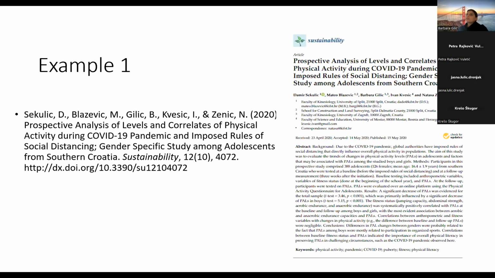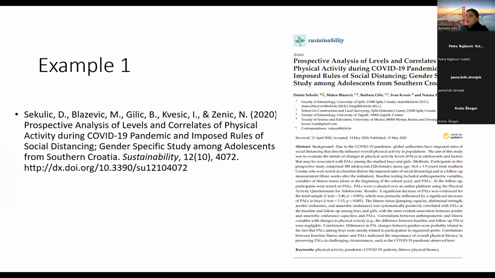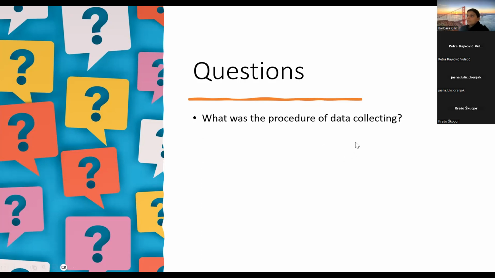So for the first study, this prospective analysis of levers and correlates of physical activity during the COVID-19 pandemic, which data is collected? We collected data on physical activity, physical fitness, and so on. And what was the procedure of data collecting? The procedure was actually mixed.